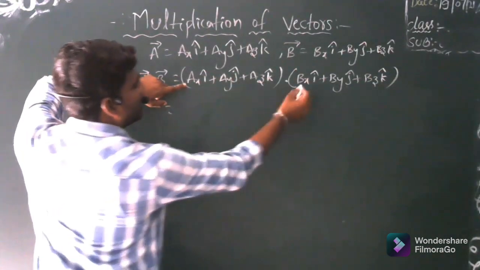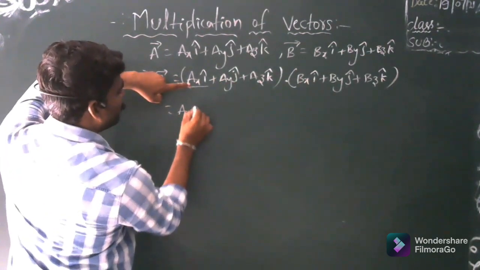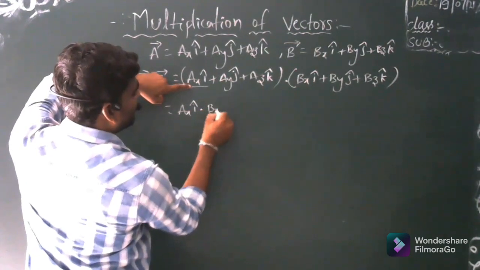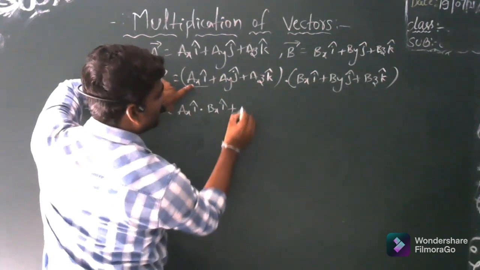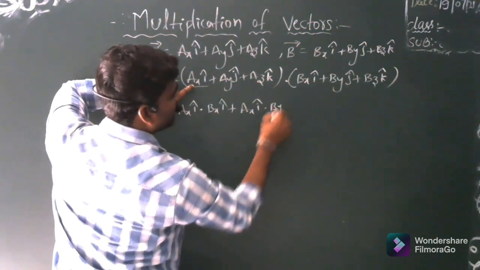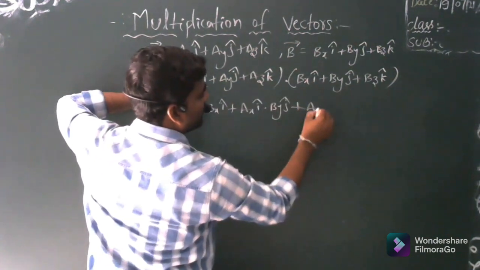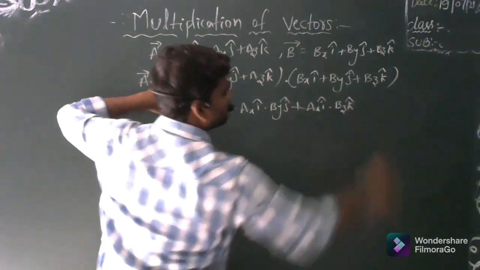First I'm taking Ax i cap dot Bx i cap, plus Ax i cap dot By j cap, plus again Ax with Bz, so Ax i cap dot Bz k cap.